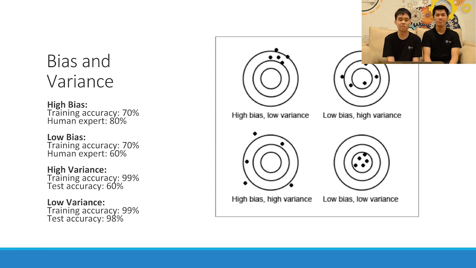Overfitting means that the model cannot generalize well to new data. It can only predict input that it has seen before, and we will need to avoid this issue. We call this model high variance. We usually want our model to have low bias and low variance. Therefore, we need to tune our model to achieve that.